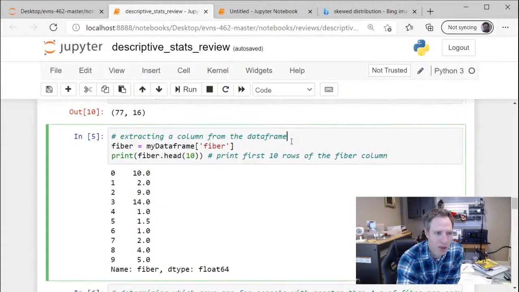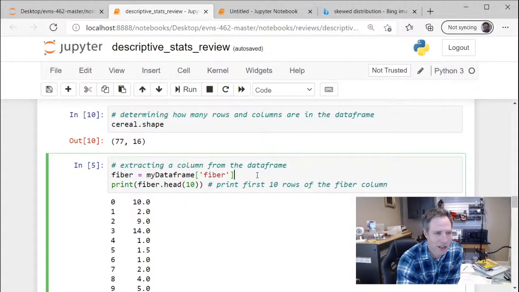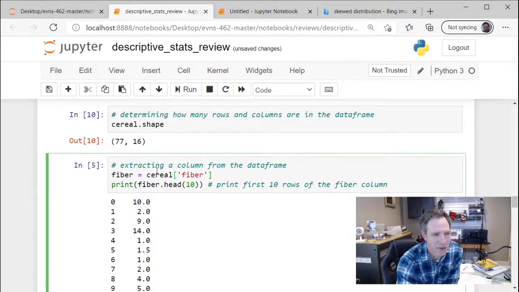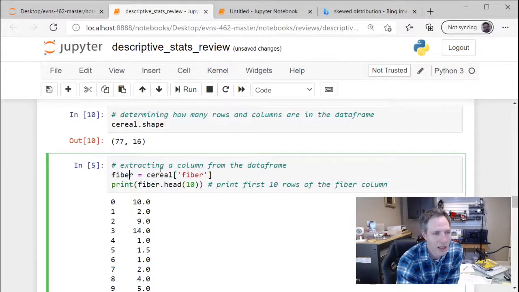One more thing that at this point you should definitely know about working with data in Python. My data frame is called serial, so I have to make that change here. I want to extract a column from the data frame.